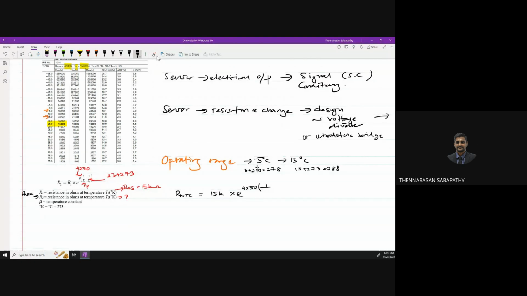So you just substitute one by one. We'll do the first case for our NTC at 5 degrees Celsius. Here T2 will be 278, minus 1 over T1.